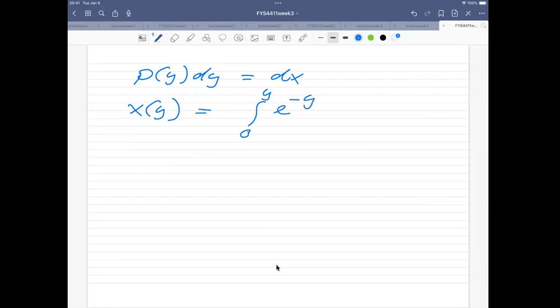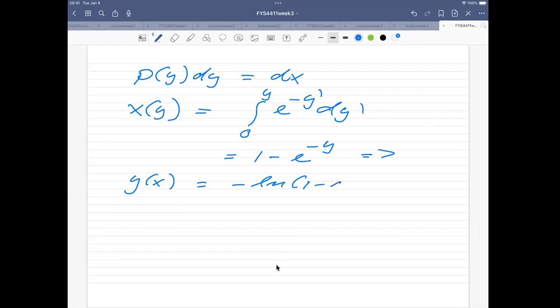And then we have a minus y prime multiplied with a dy prime. Now, this is an integral which we can calculate easily. And we know that this one is equal to 1 minus e to the minus y. Then I can switch so that I can define y as a function of x. And that gives me minus ln of 1 minus x.